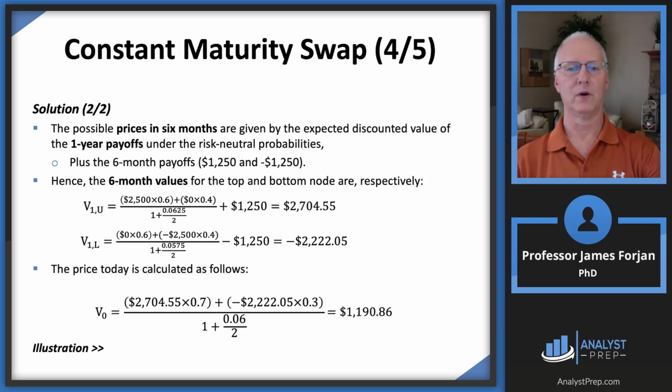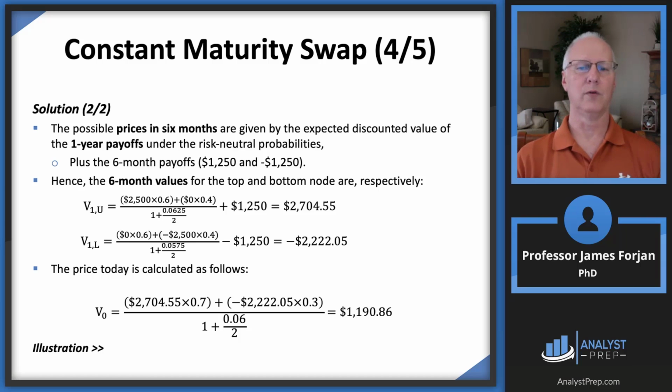And don't forget to add the 1250 and subtract the 1250 in there when we're taking that present value. And then we need to discount it all the way back to the present. And so notice we'll use those current risk neutral probabilities, the 30% and the 70%, and we'll use that original 6% divided by 2, of course. So that gets us a price today of 1190.86.